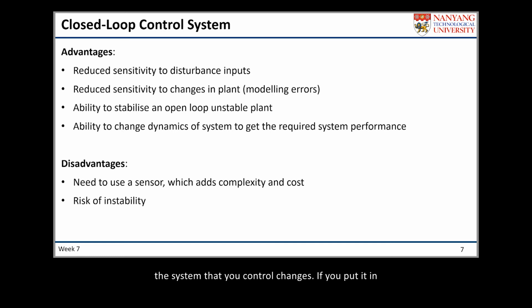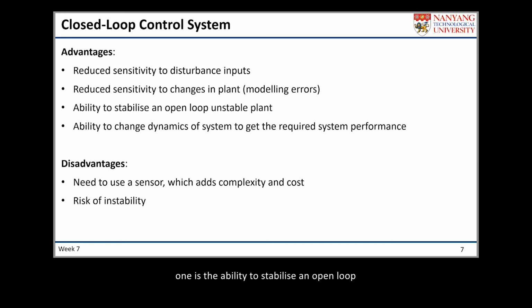If you put it in a closed loop system, the effect of the change of the plant that you control becomes less sensitive. Even though the behavior of the system changes, the performance of your complete system in a closed loop form will be maintained. Okay.